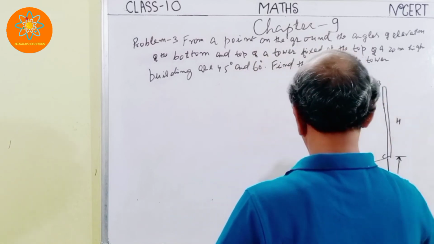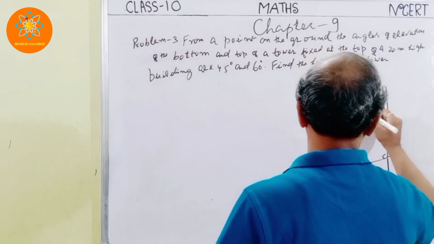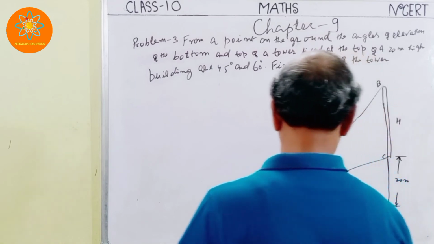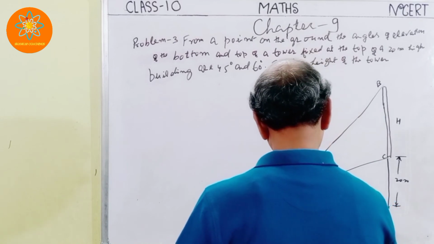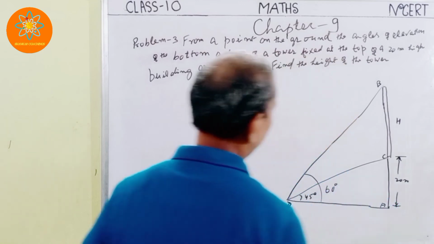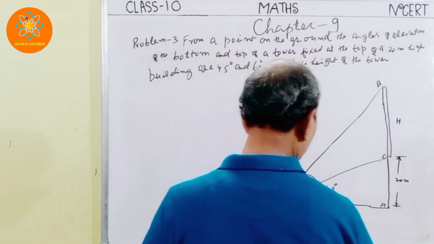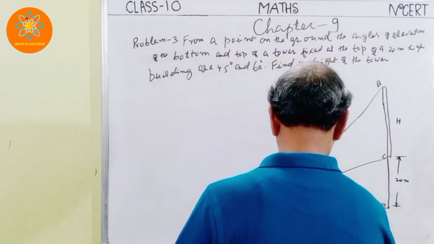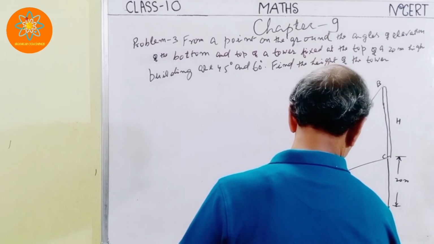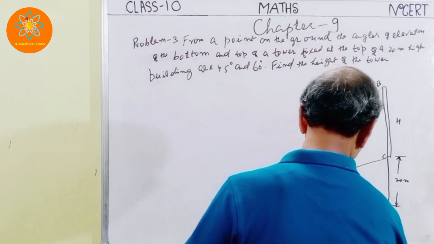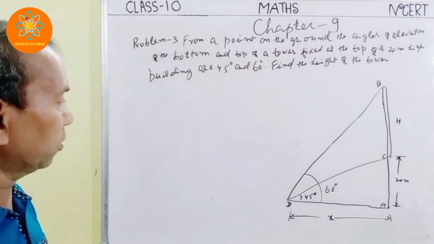And this is B. Let's suppose this is B. And this value is given as 60 degree. 45 degree and 60 degree. Let's suppose this value is x. I want to find the value of h.